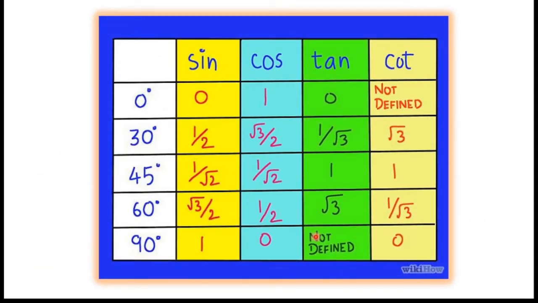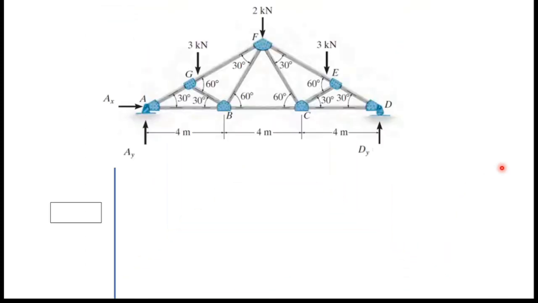This is a trigonometric table. In this example, I will use the values of this table. So our first task is to find the support reactions, which are AX, AY and DY. First I am going to take all the horizontal force components.